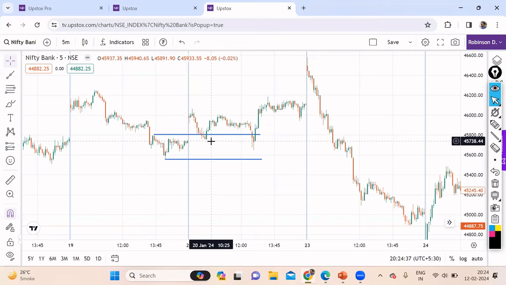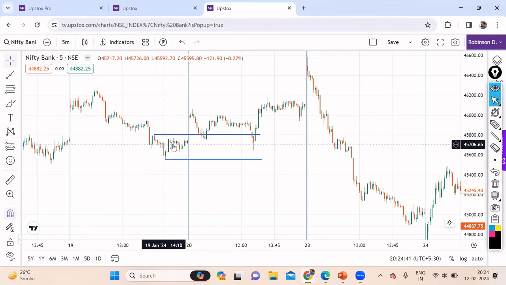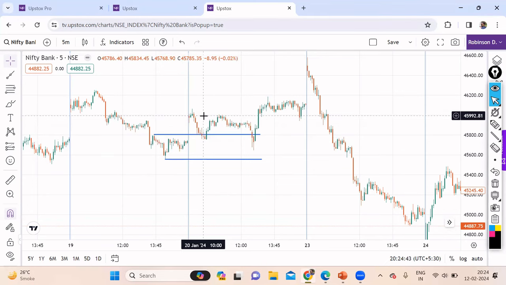When it comes inside the range, the market has broken the last swing, or the inducement level. That means it is going for a reversal, is what you need to understand. That's what I told you in the drawing also. So what the market does in the case of a last swing is, understand this is my last swing.